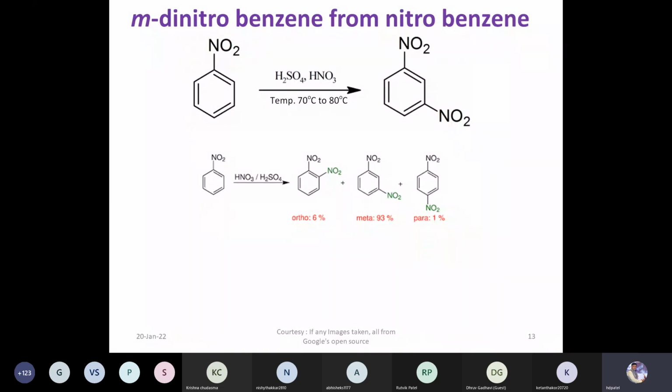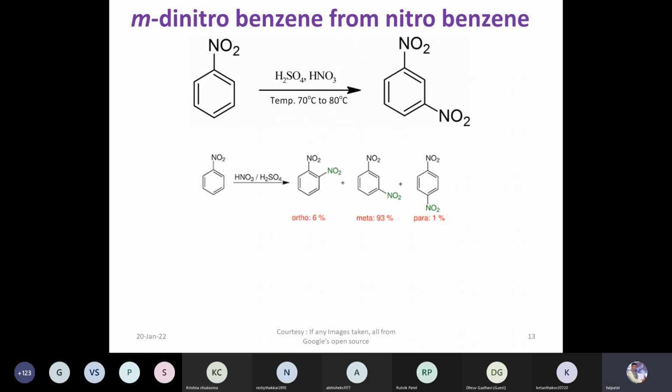As per the requirement, we have to weigh or measure the required chemicals. As we have discussed, near about 4.2 ml nitrobenzene, 1.4 means near about 1.5 ml nitric acid, and near about 2.5 ml sulfuric acid we require for this reaction.